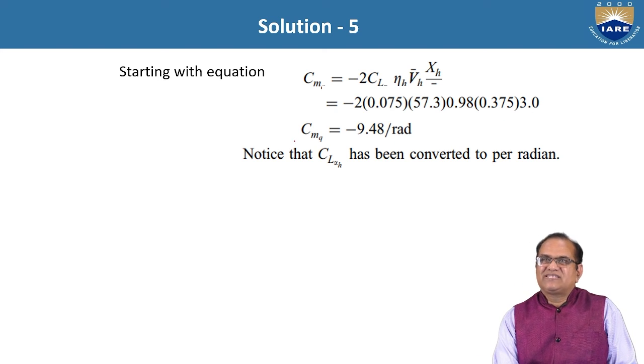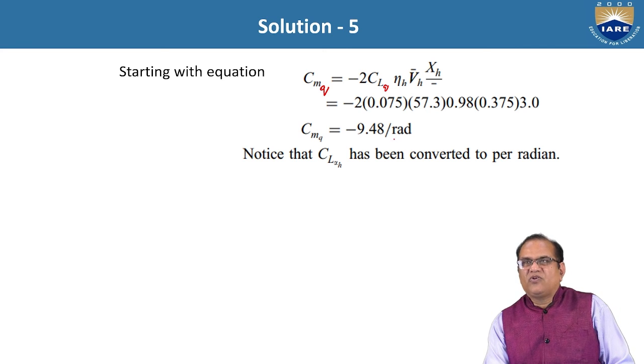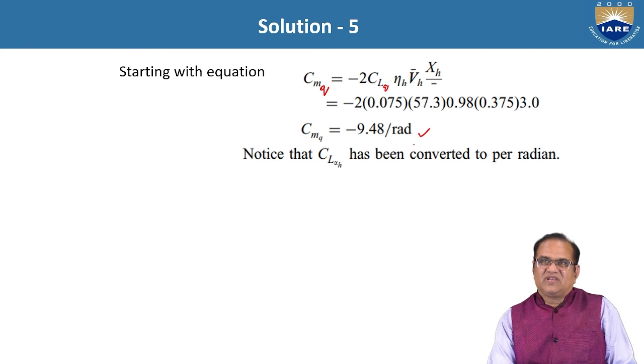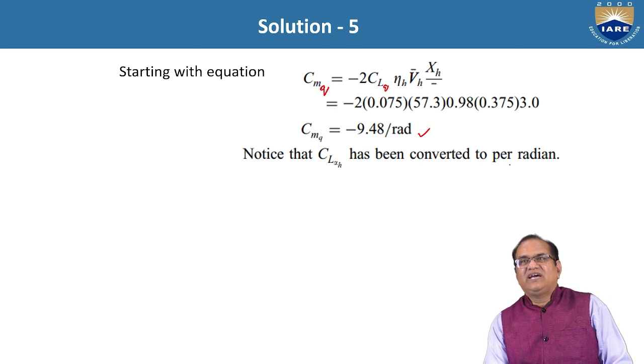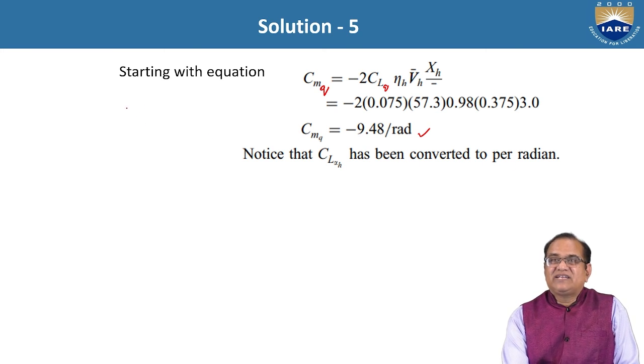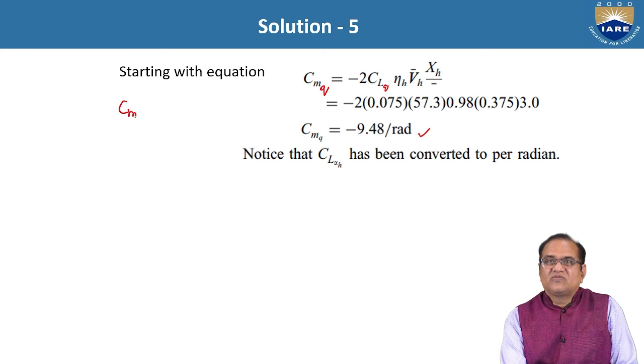So we got here CMQ. This is the CMQ. Okay, so this CMQ is equal to minus 9.48 per radian. Notice that CL alpha H has been converted to the radian. So we got that CMQ is equal to minus 9.48.